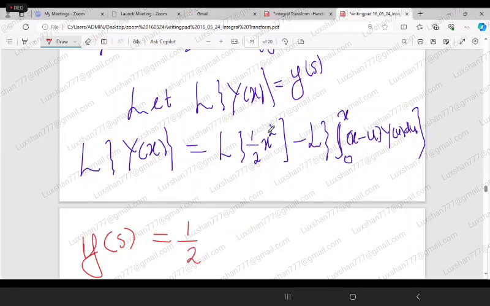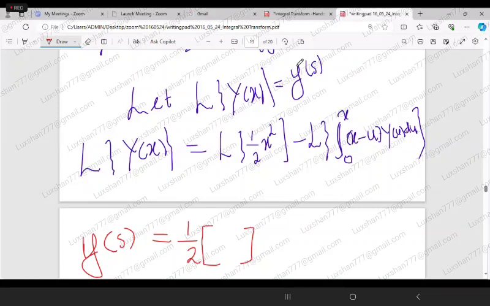So can anyone tell me what is the Laplace transform of x squared? It is actually the Laplace transform of t squared; here the variable is x. So what is the Laplace transform of t squared?